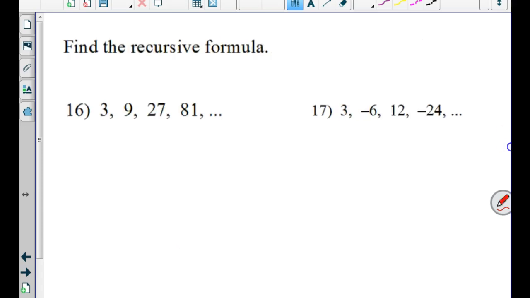Okay, find the recursive. Remember, recursive is where you go a sub n equals a sub n minus 1, then tell me how to get to the next one, and you have to tell me the first one. So 16, who's got this one?